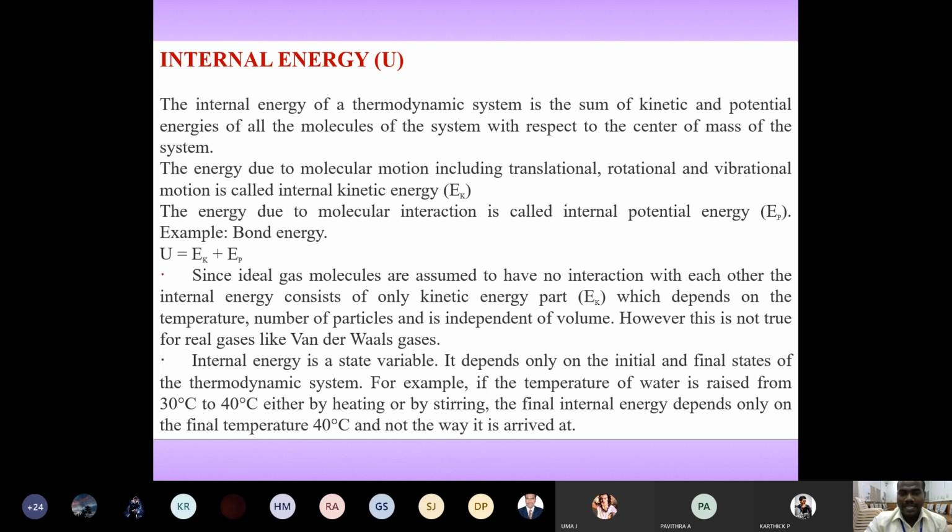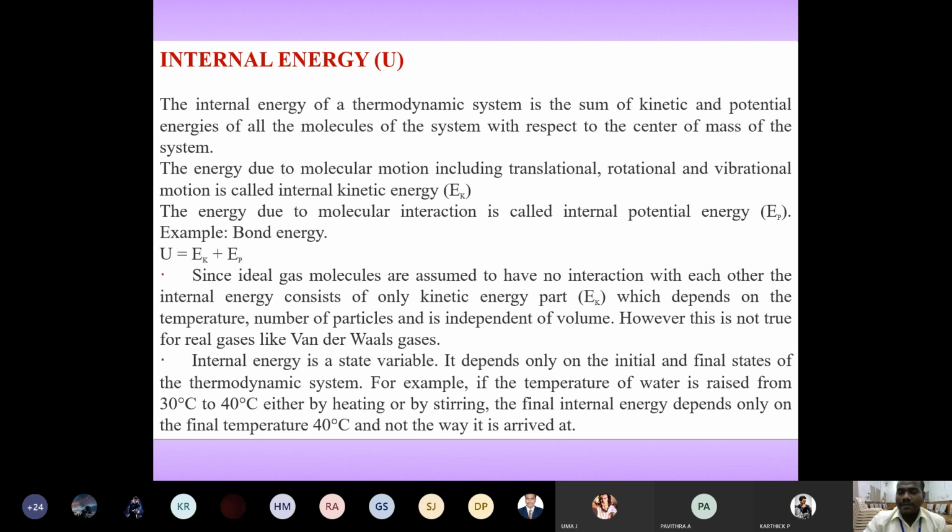Note this point. So we know what state variables are, right? It depends only on the initial and final state of the thermodynamic system. So internal energy can be calculated at the initial position, also can be calculated at the final position, and these two will differ from the states, right? So internal energy will differ with the position of the state.